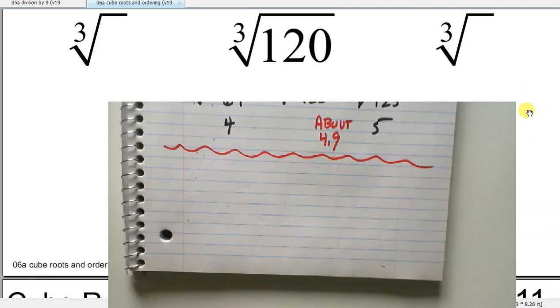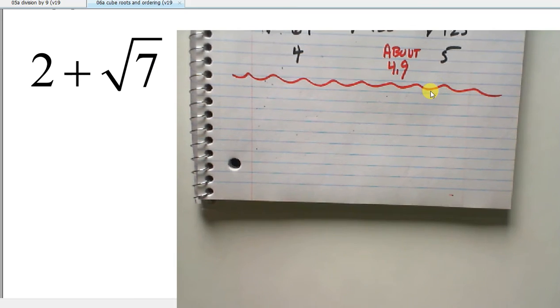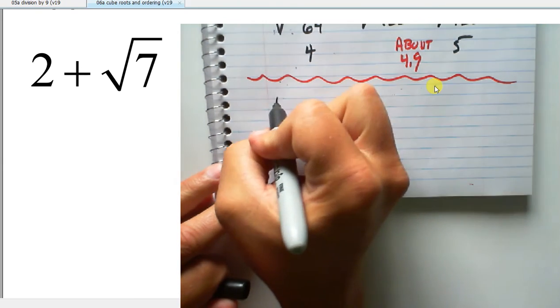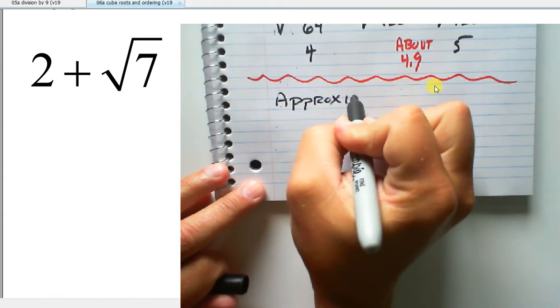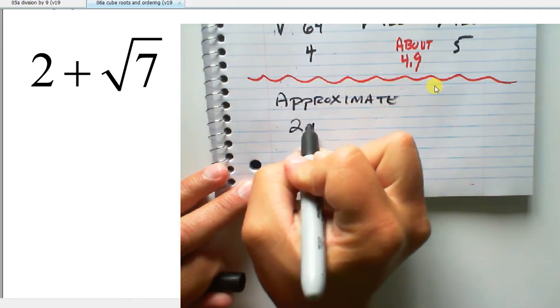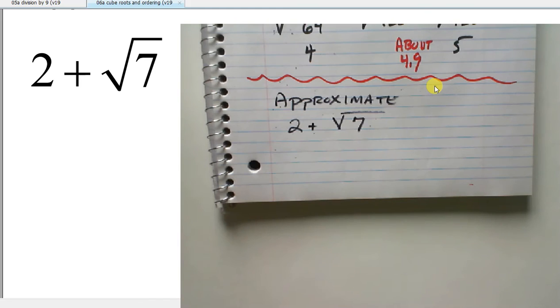Let's do another one. Let's approximate this. 2 plus the square root of 7. I've done that one so many times.